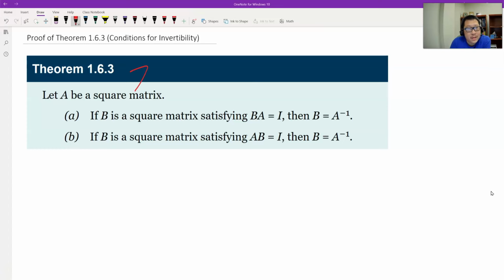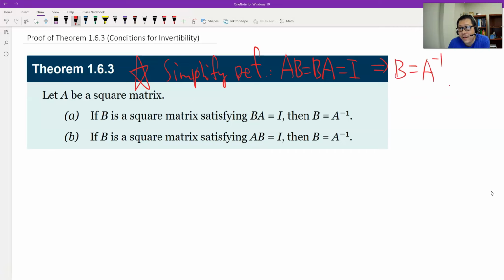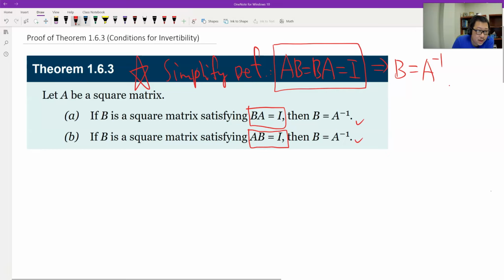Remember, if A times B equals B times A equals the identity, then B is the inverse of A. That's the definition, and it has exactly two conditions: we have to verify A times B equals I, and also verify B times A equals I. But here, we only need to verify one half of the condition, and then we will get the same result. Let's see why this is true.